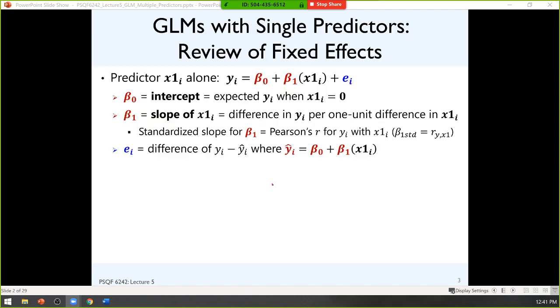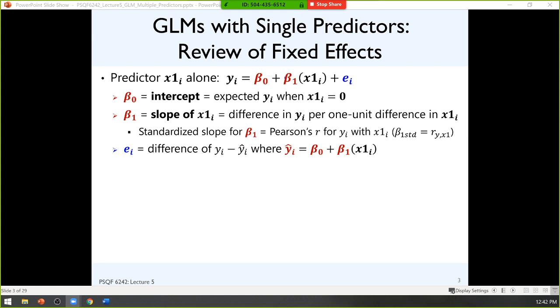So, anywho, in terms of model coefficients and what they mean, more review here. I have a single predictor, x1. Just to review the notation, y with a subscript i is the original outcome variable. It gets an i because each individual has a different outcome. x1 is the predictor here. It also gets an i for the same reason. Each person has their own.